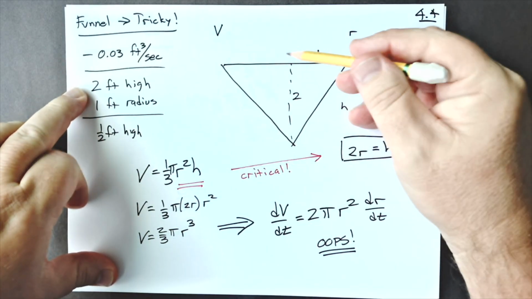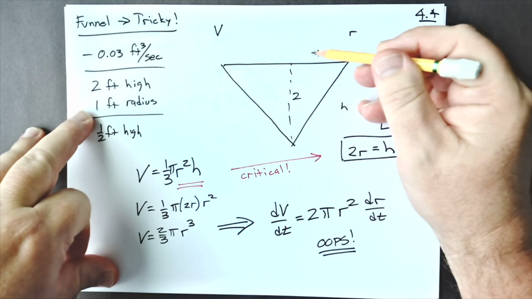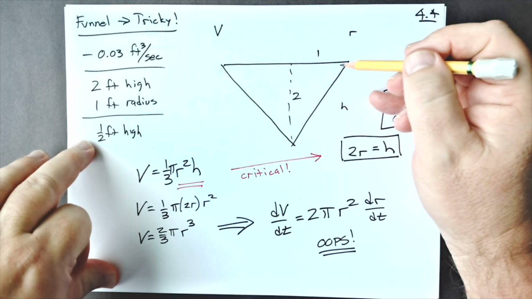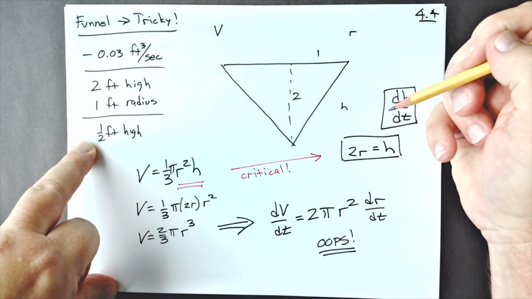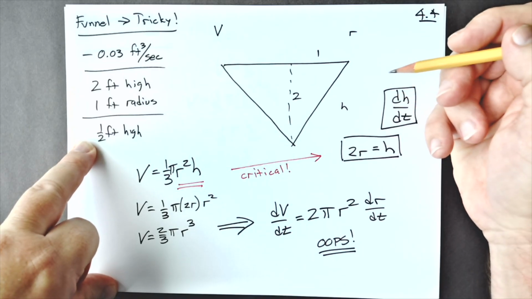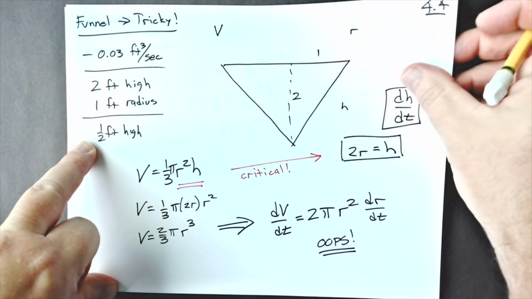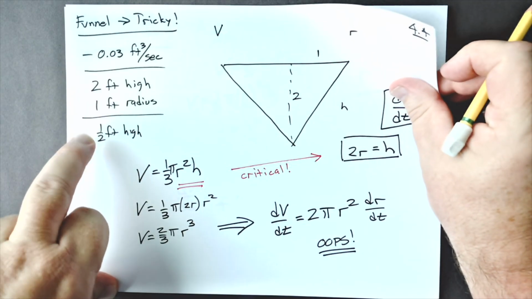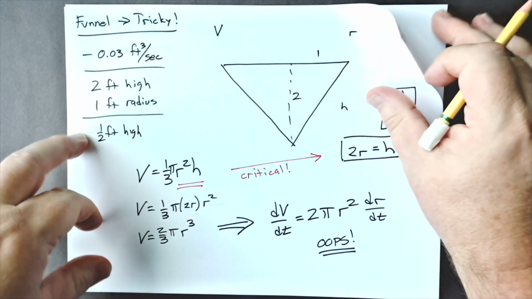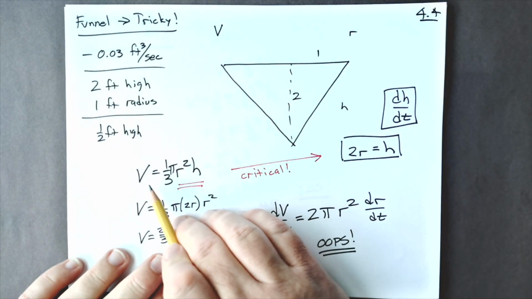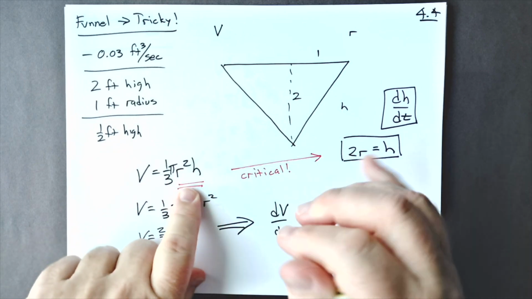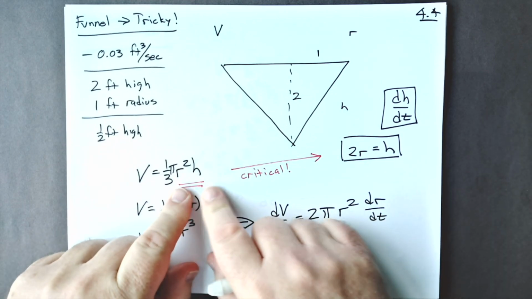It's a 2-foot high funnel with a 1-foot radius. What are we solving for? How fast is the height changing? We want to know how fast the height is changing when the liquid is a foot high. So here is our function, but we want to switch this either to r's or h's.